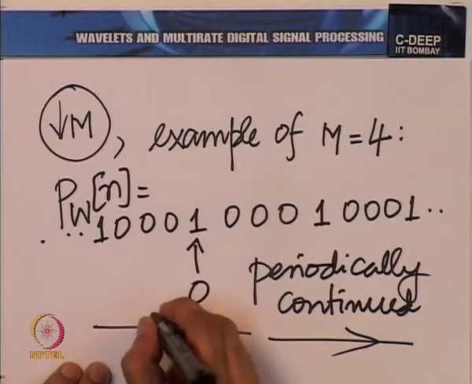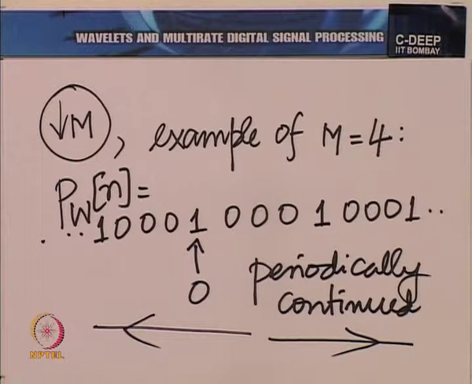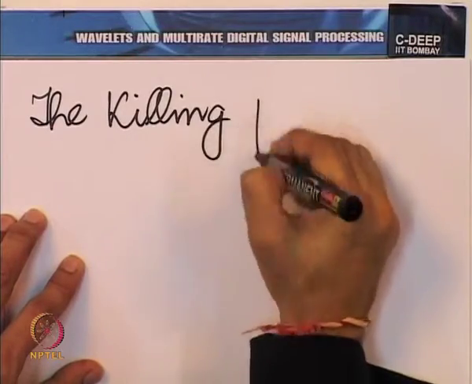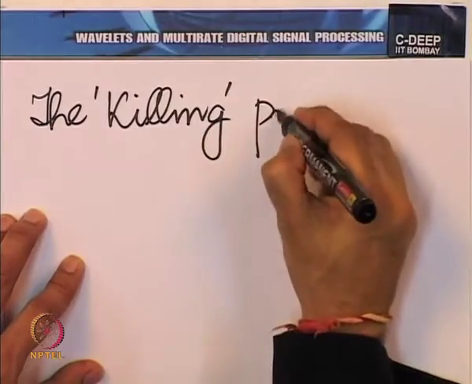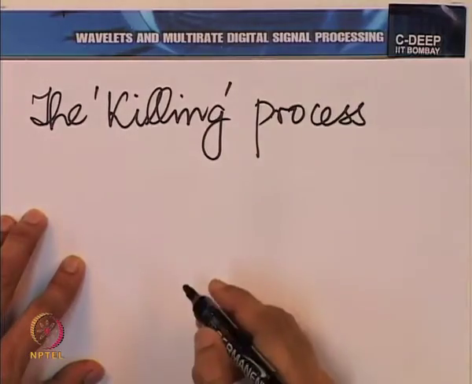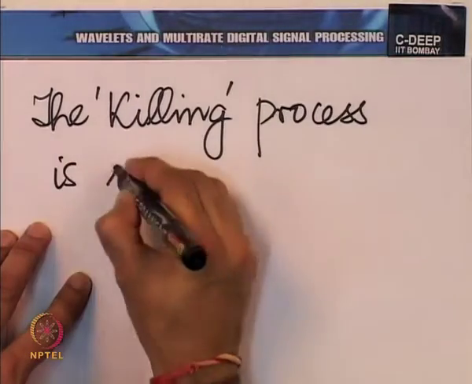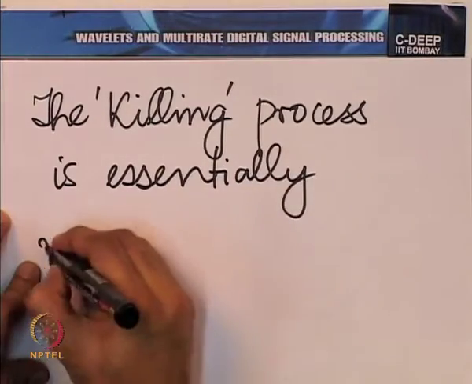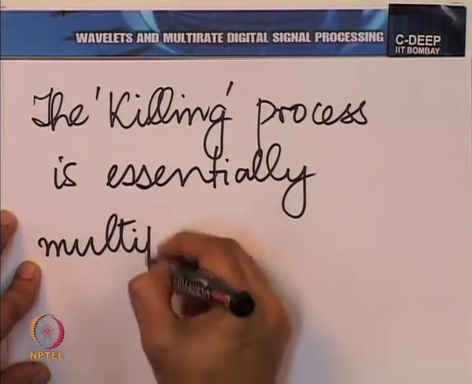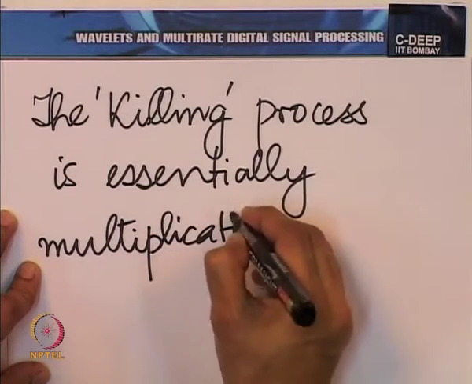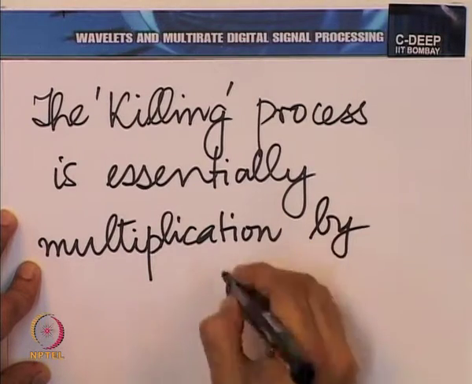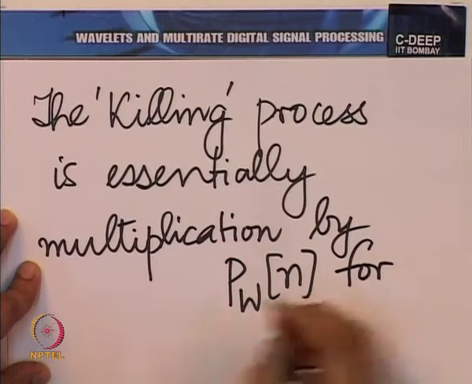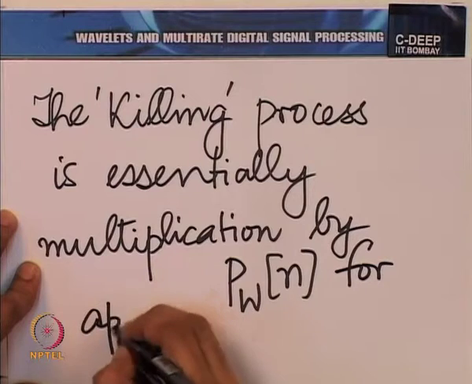So, what we are saying in effect is the killing process is essentially multiplication by PWN for the appropriate M.